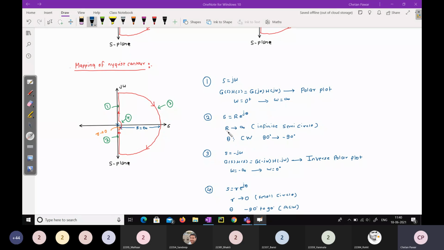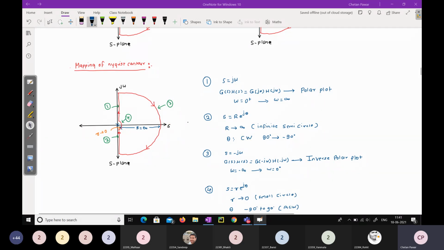Here R tends to infinity, so this is an infinite semicircle. Theta goes from plus 90 to minus 90 degrees in the clockwise direction. This is the second region.